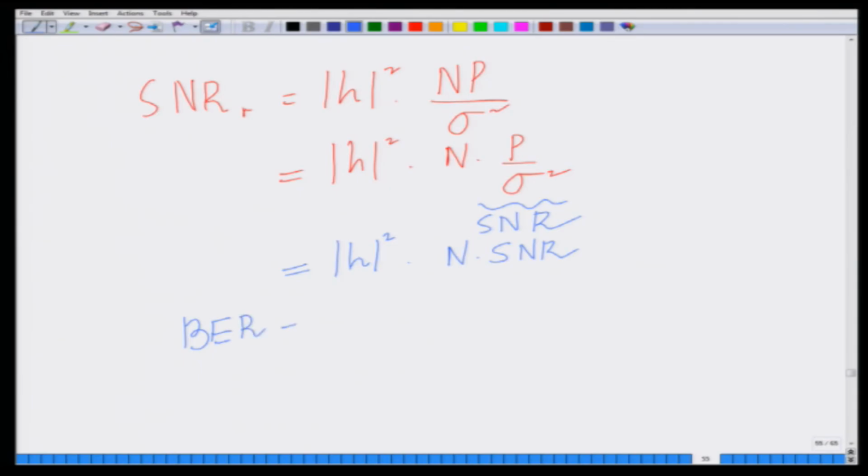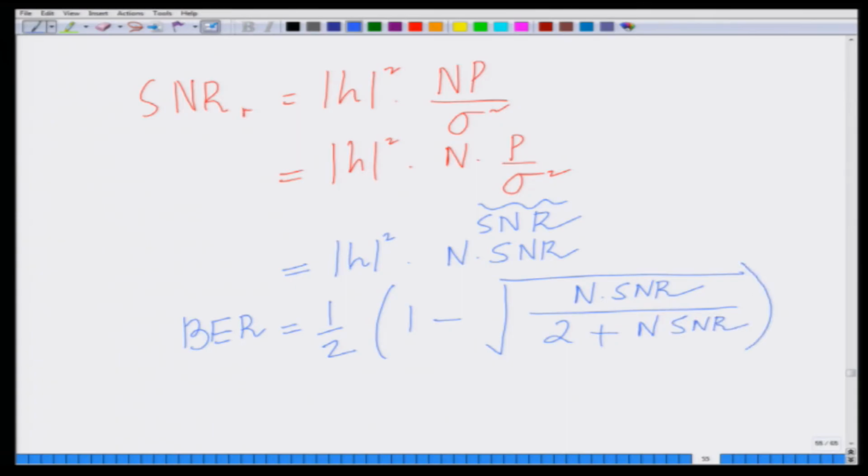Therefore, using the same expression as before for the bit error rate of a BPSK system across a Rayleigh fading channel, we can write the bit error rate of this system as half times 1 minus square root of N times SNR divided by 2 plus N times SNR. This is the exact expression, and approximately, as we have seen at high SNR, this is 1 divided by 2 times N times SNR.